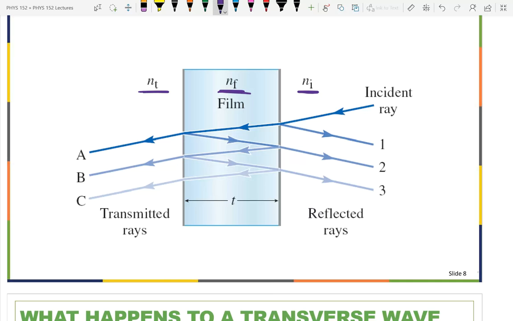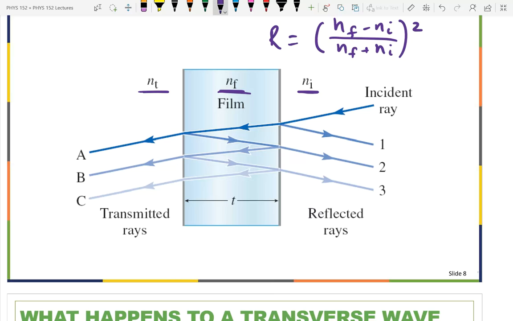And the reflection coefficient, the value that tells you how much light is reflected, is the ratio of the difference in indices of refraction divided by the sum of the indices of refraction, squared. It turns out for a glass-air interface, about 5% of the light is reflected.